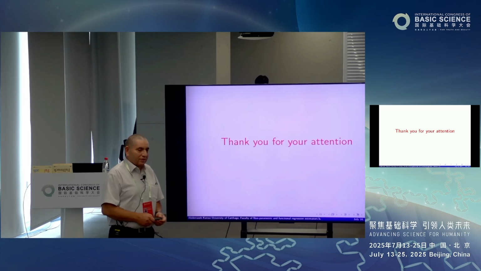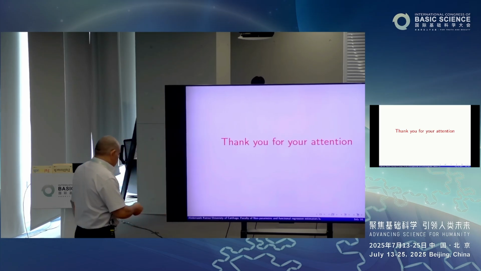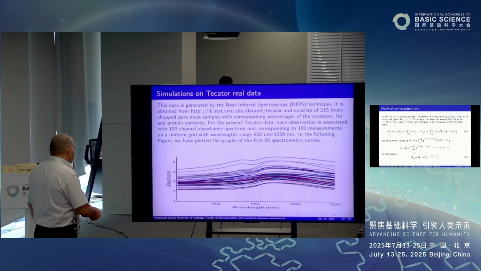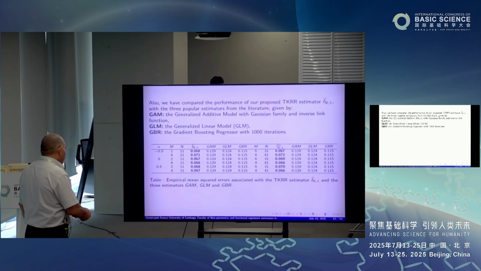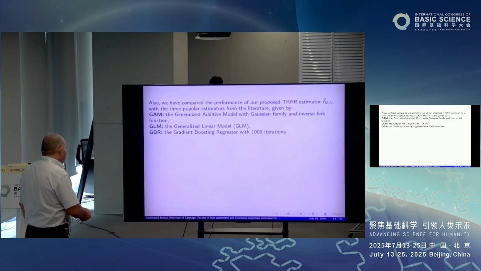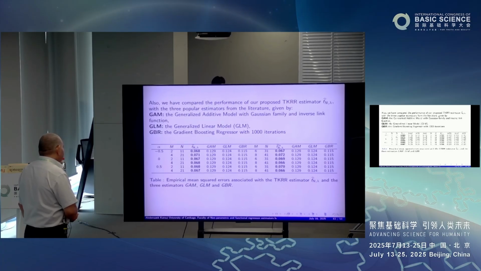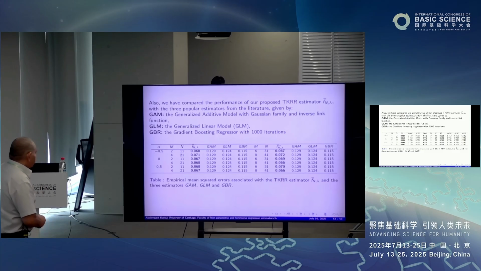Thank you for the good talk. For the example of your first part, could you go to it? I didn't quite understand the results there. For the non-parametric case, this one, yes. So here it's from the Kaggle competition, right?